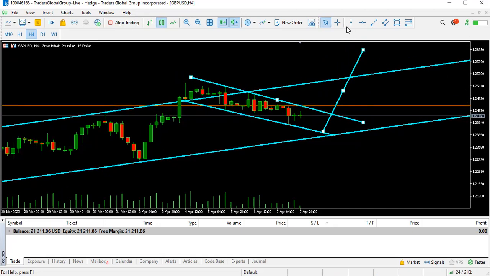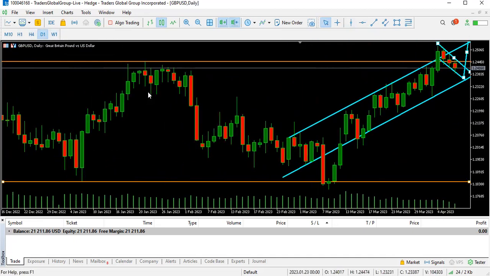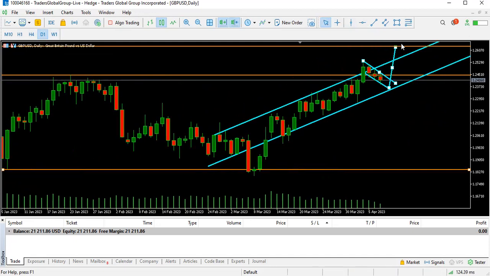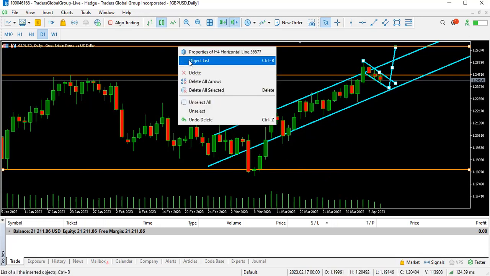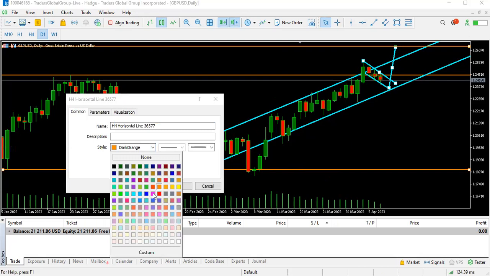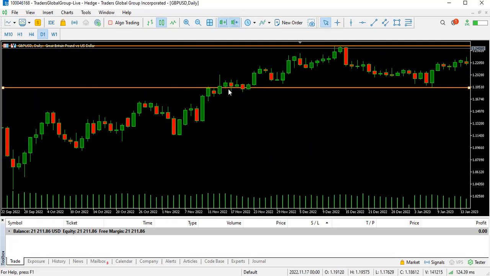If you put a line up there, let's go and check it on the daily to see where that aligns. Let's change the color to something like pink so that you know the one we're talking about.